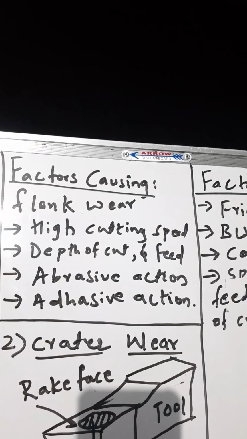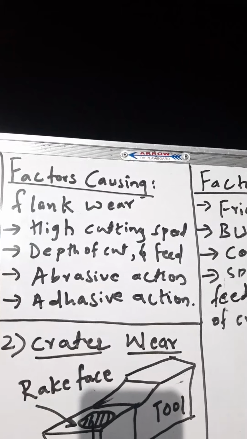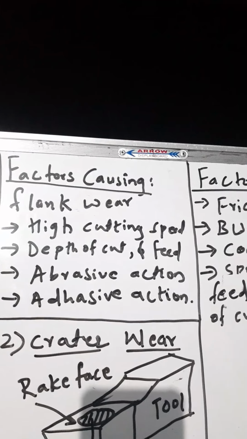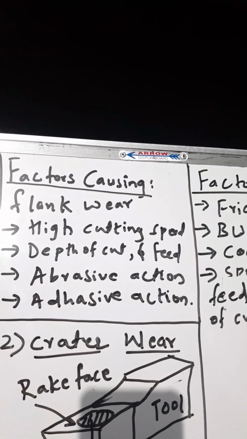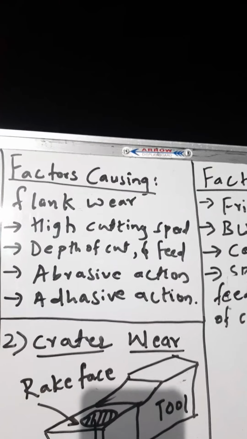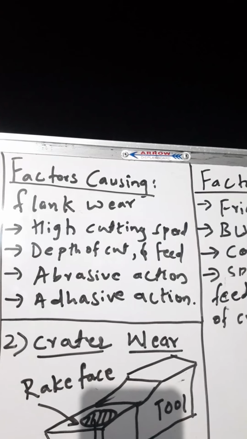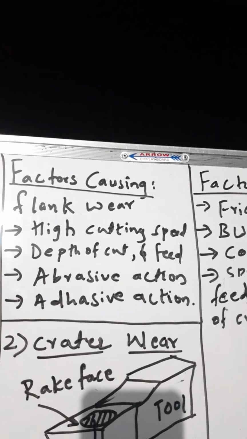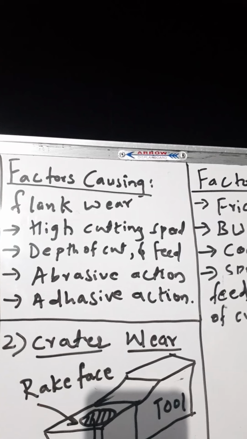Abrasive action is nothing but, during the machining or cutting operation, some powdered particles may get stuck between the workpiece and the cutting tool, and due to the presence of these powder particles, they will act as abrasive particles. Abrasion is nothing but the scratching action.